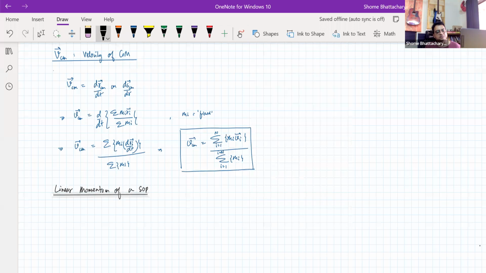But what about a system? How do we define the linear momentum of a system? We define it like this: the linear momentum of a system of particles is equal to the total mass multiplied by the instantaneous velocity of center of mass. This is the definition, where capital M is the total mass. In case of a discrete particle system, it is summation Mi.